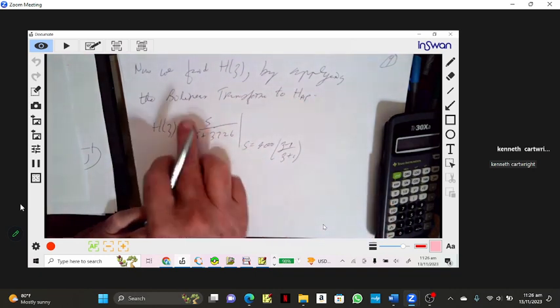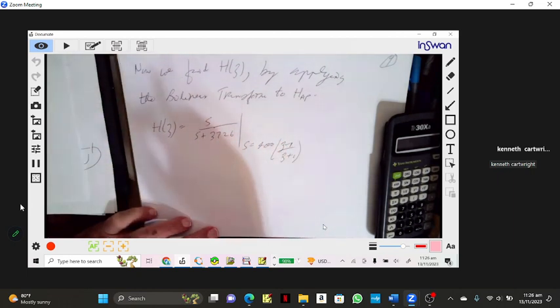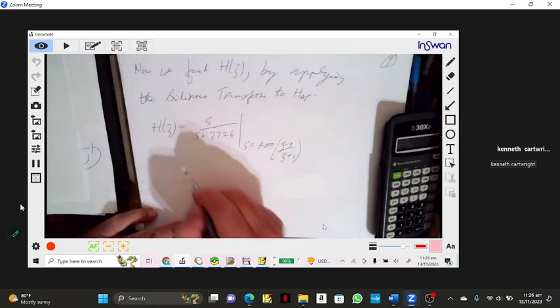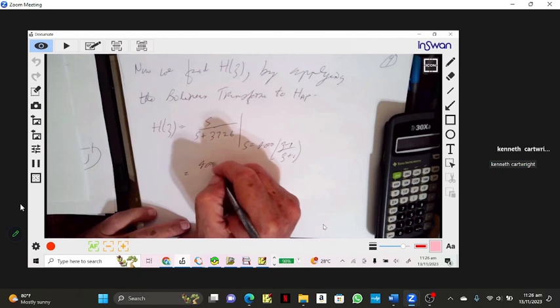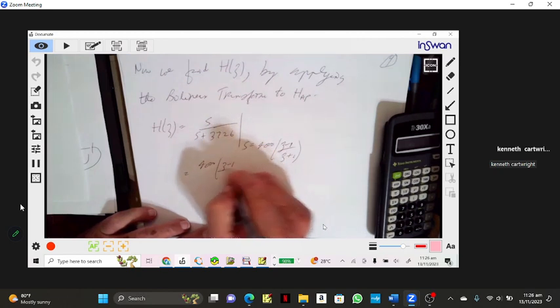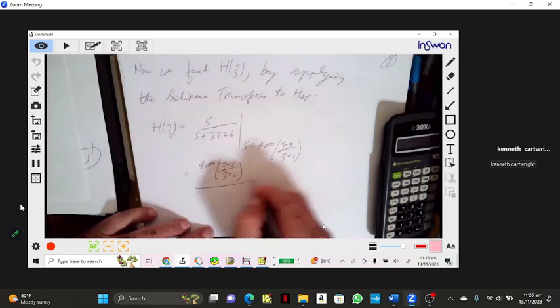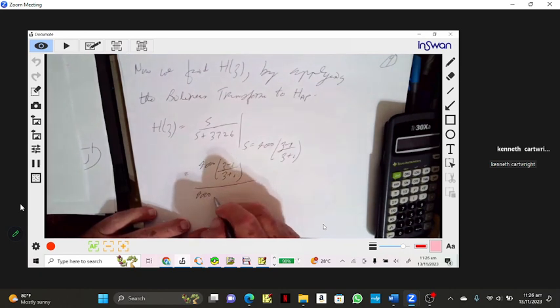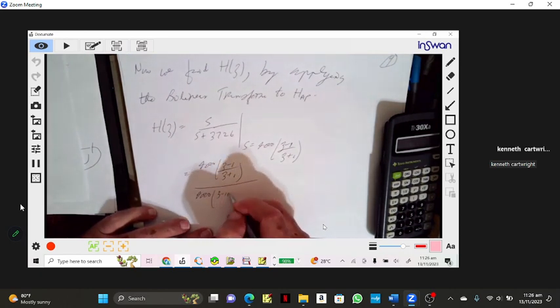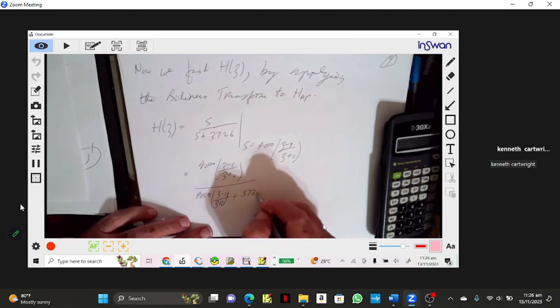So that means where you see S, put 4,000, the bilinear transform. So this becomes 4,000 Z minus 1 over Z plus 1, over 4,000 Z minus 1 over Z plus 1 plus 3726.